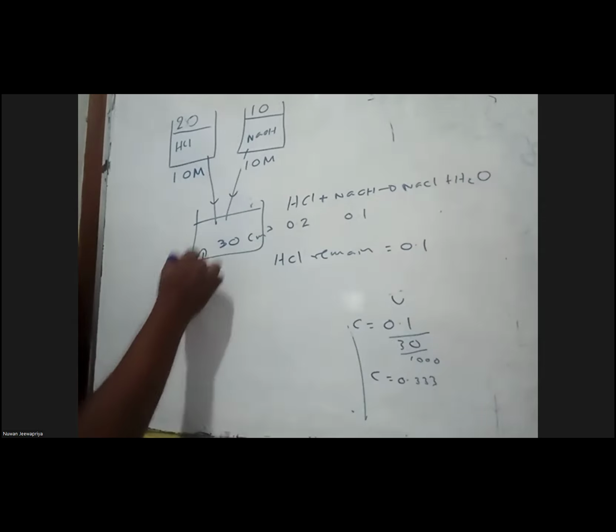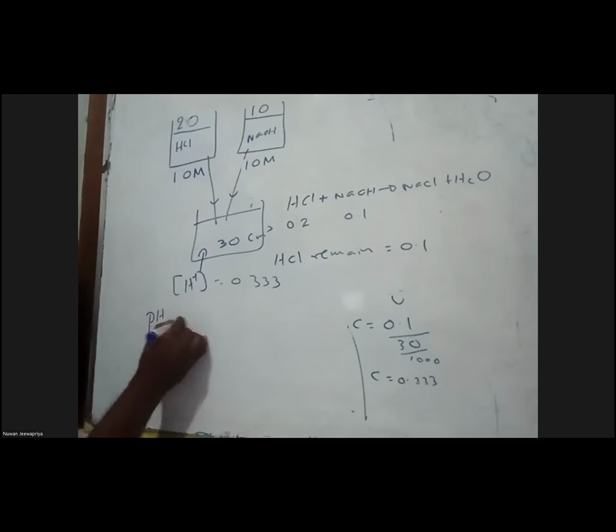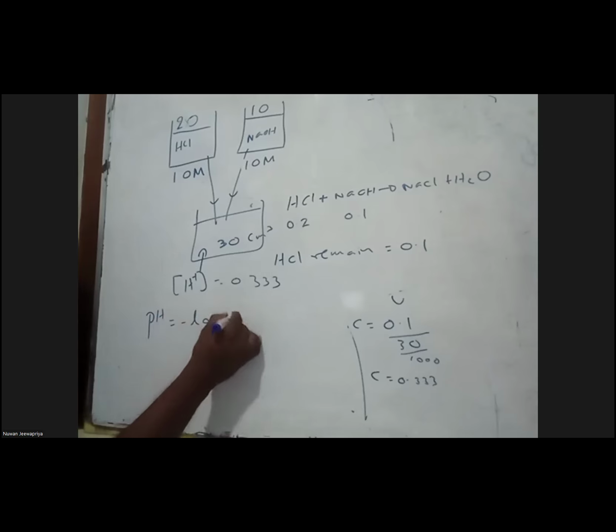Now I erase this one. You can pause the video to look at whatever you want. So here, the H plus remaining in this solution is 0.333. Now I can apply the pH equation for this one. pH is equal to minus log of the H plus concentration.